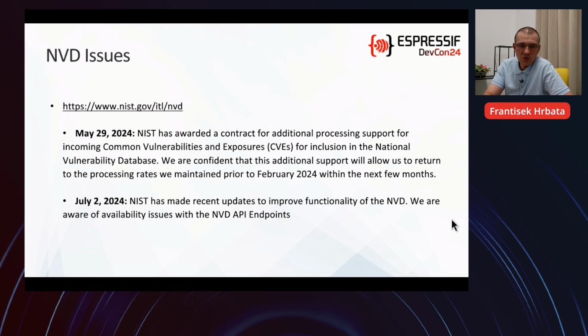But in their announcement, they stated that they will deal with this by the end of this year, so it should be fine, hopefully. And the second issue, lately we can see that the availability of the REST API is very problematic, but in the last few weeks it's working pretty well. I will be talking a little bit about this later.